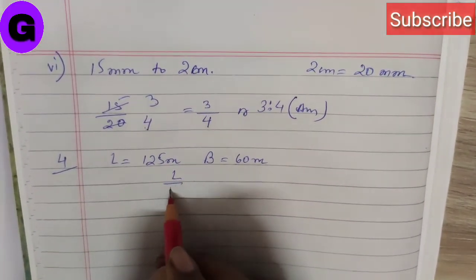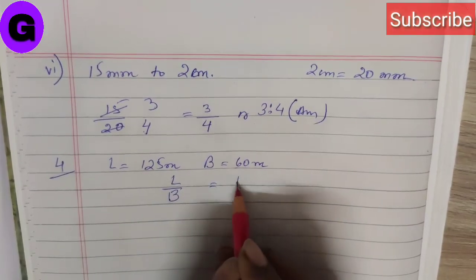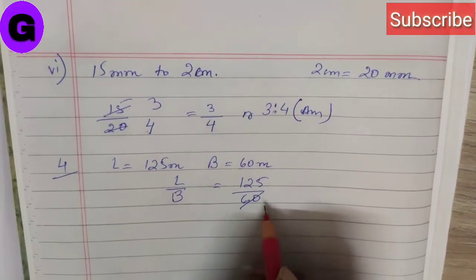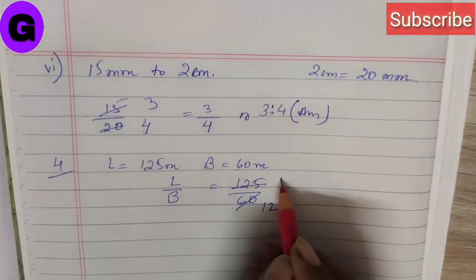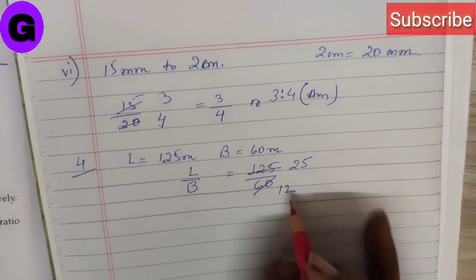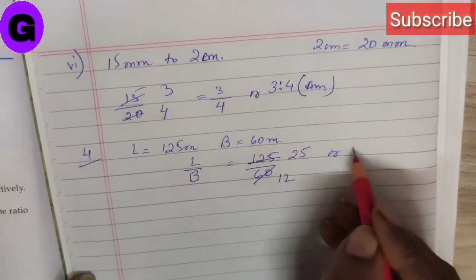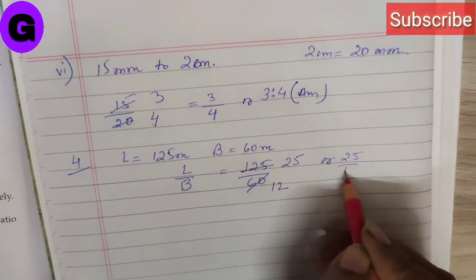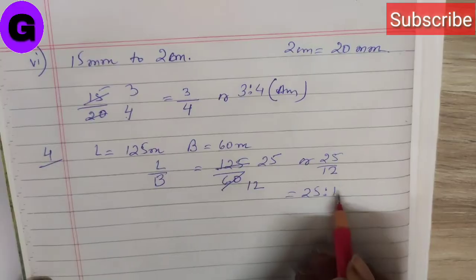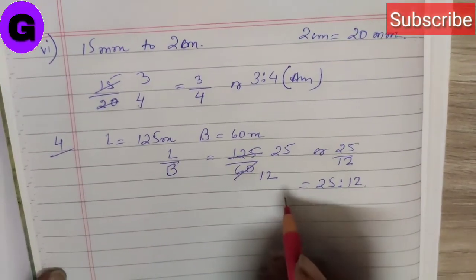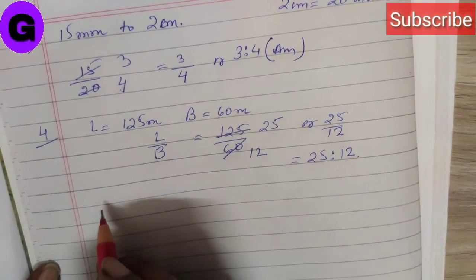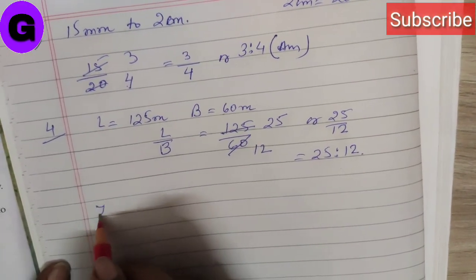That means length by breadth is equal to 125 by 60. 5 12s are 60, 5 25s are 125, or 25 by 12 is equal to 25:12. So this is the ratio of the length to the breadth of the park.